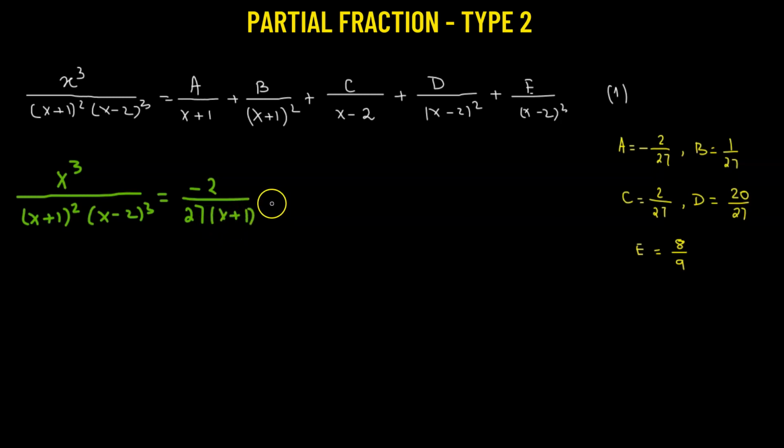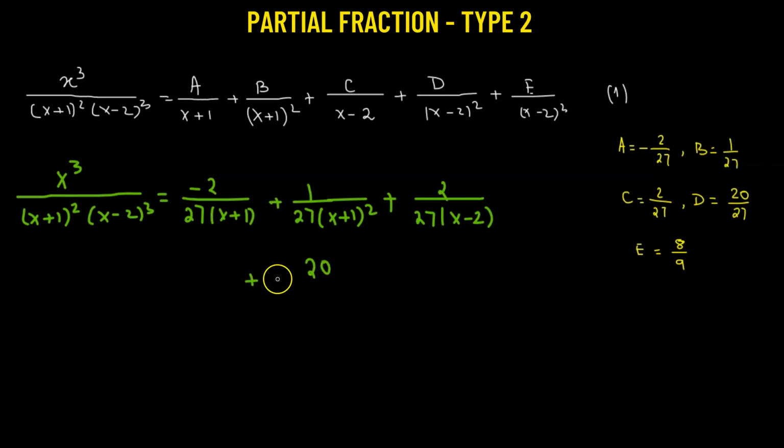Then we have 1 over 27 times (x plus 1) whole squared, followed by 2 over 27 times (x minus 2). Then the fourth partial fraction is going to be 20 divided by 27 times (x minus 2) whole squared, and the fifth one is going to be 8 over 9 multiplied to (x minus 2) whole cubed.